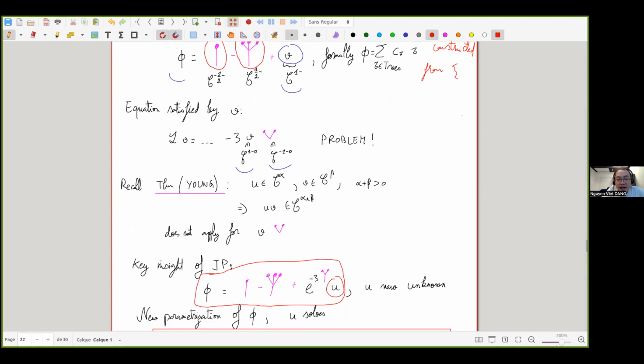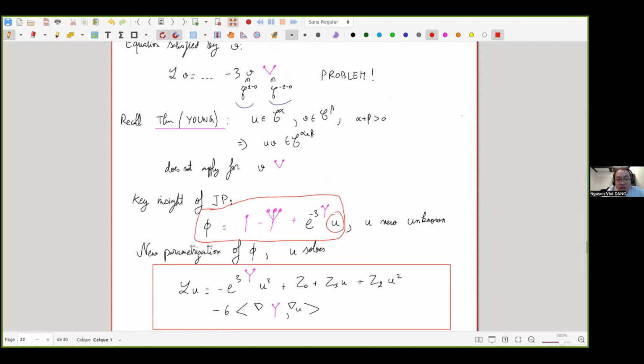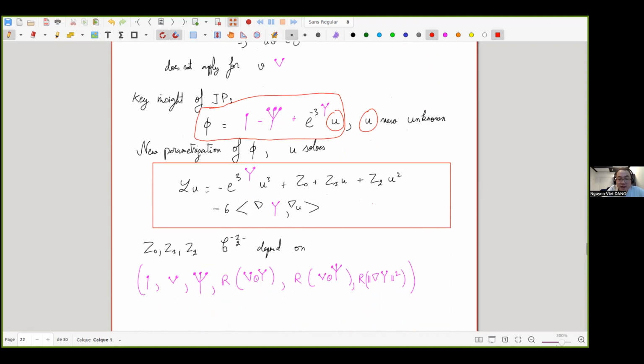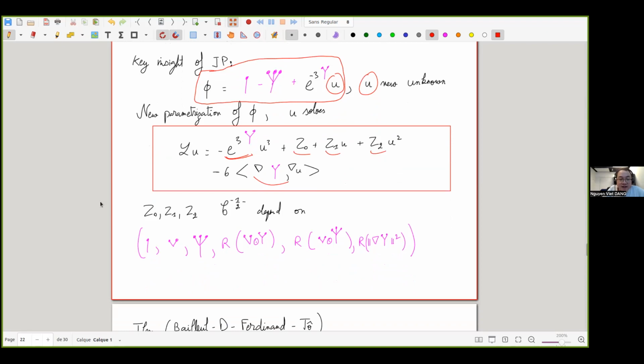And the equation on the nice term that I call u is also a nonlinear parabolic equation whose coefficients are singular. The coefficients are z0, z1, z2, this thing here, and this coefficient here. These coefficients depend on a finite number of trees, exactly this list of 6 trees.